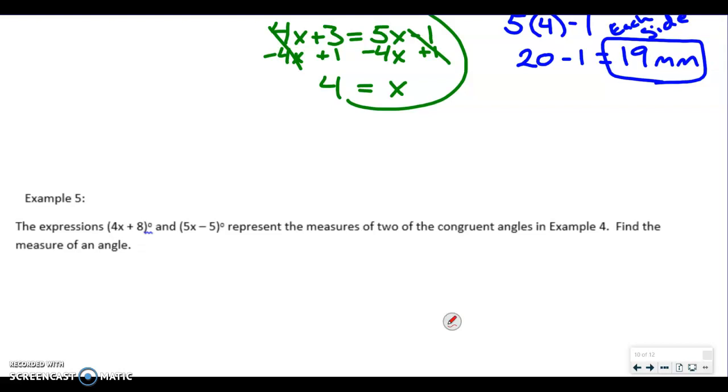So this tells us that 4x plus 8 and 5x minus 5 are also congruent with one another. So we can set those equal to each other. 4x plus 8 equals 5x minus 5, and solve for x. And we'll subtract by 4x on both sides.